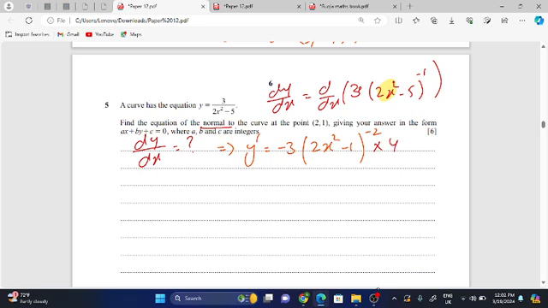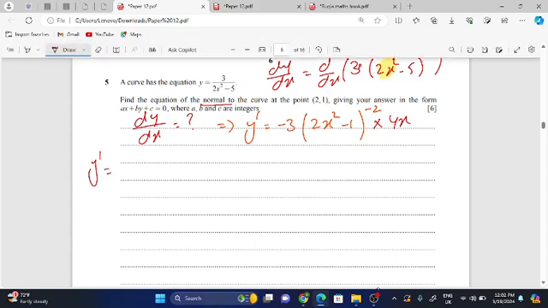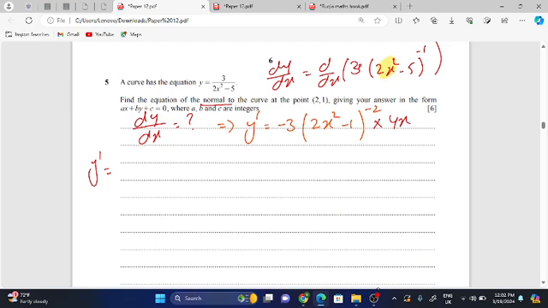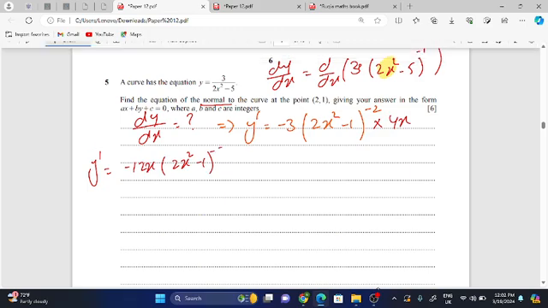So that becomes 4x, and your derivative reduces to y prime equals minus 12x times (2x squared minus 5) to the power of minus 2. That is your first derivative.